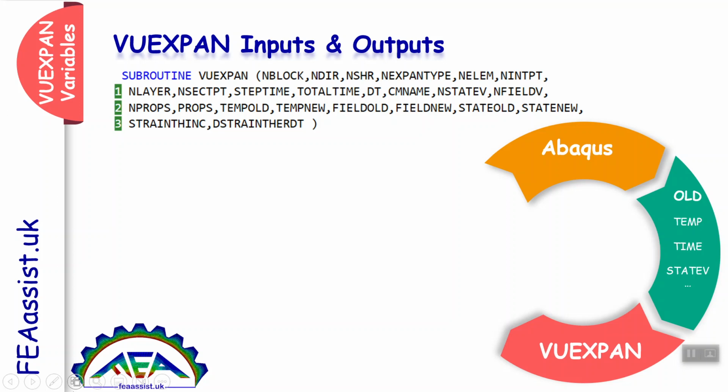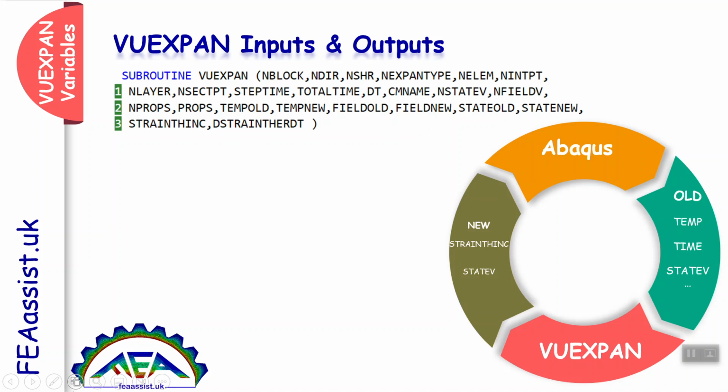In the VUexpand subroutine, we need to process these variables and compute new variables like the strain increment, the thermal strain increment, state variables, and all the outputs, and return these outputs back to Abaqus.